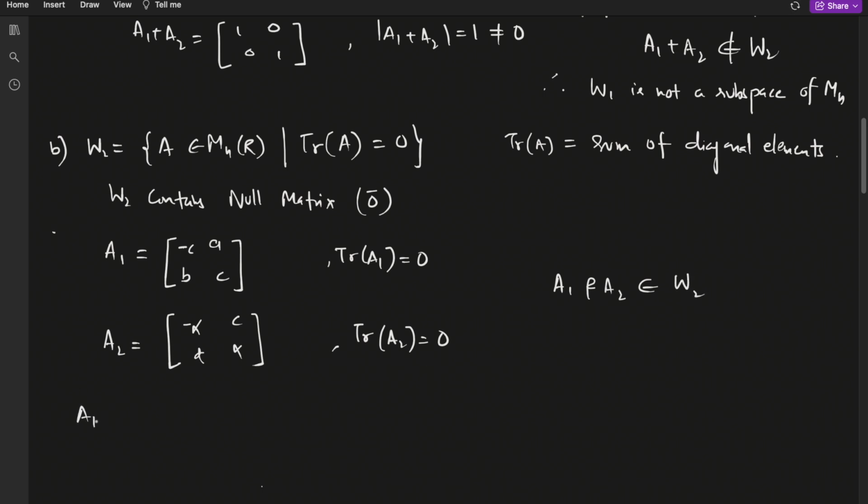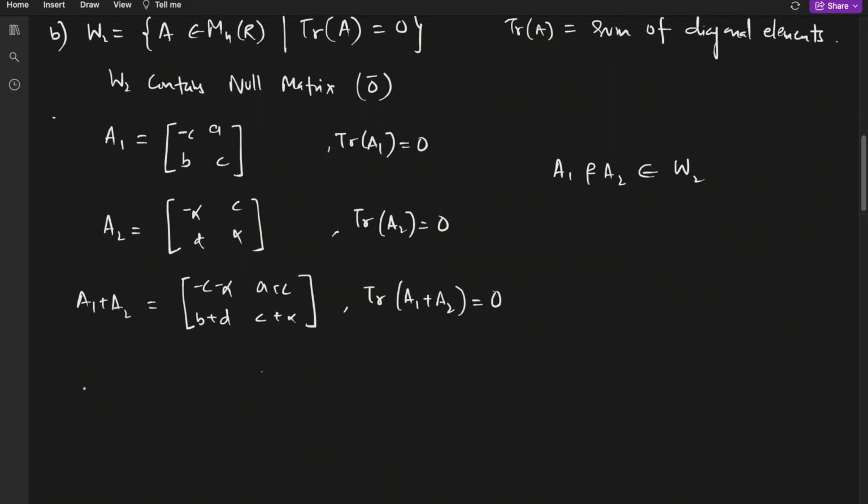Now let's check A1 plus A2. If we check A1 plus A2, we get minus C minus alpha, A plus C, B plus D, and C plus alpha. If you now check the trace of A1 plus A2, it is 0. So you take any combination, and we can say that A1 plus A2 also belongs to W2.